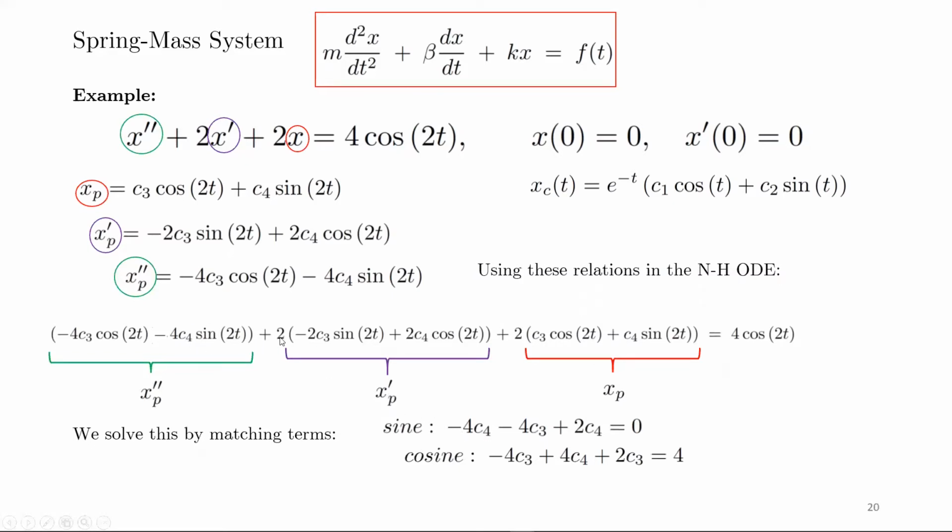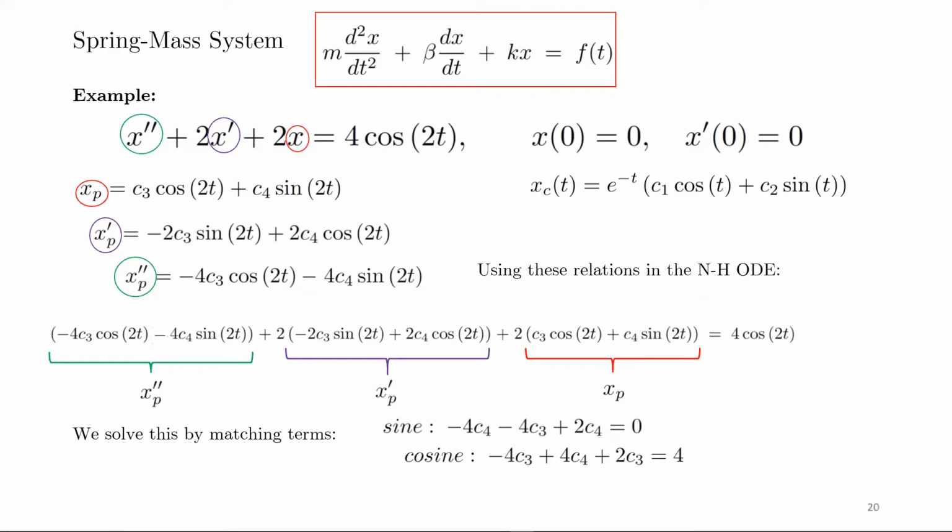Here we have 2 times negative 2, so negative 4 times c3 sine 2t. And the third term is 2 times c4 sine 2t, so plus 2 c4. That equals 0 because there's no sine of 2t on the right hand side.